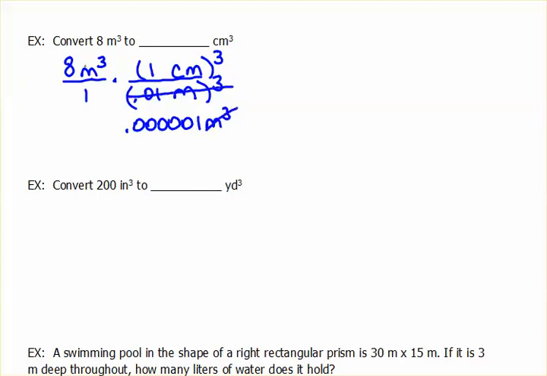And now the cubic meters will cancel, and I can go ahead and take 8 divided by 0.000001, and we end up with, or at least we should if we do it correctly, 8 million cubic centimeters.